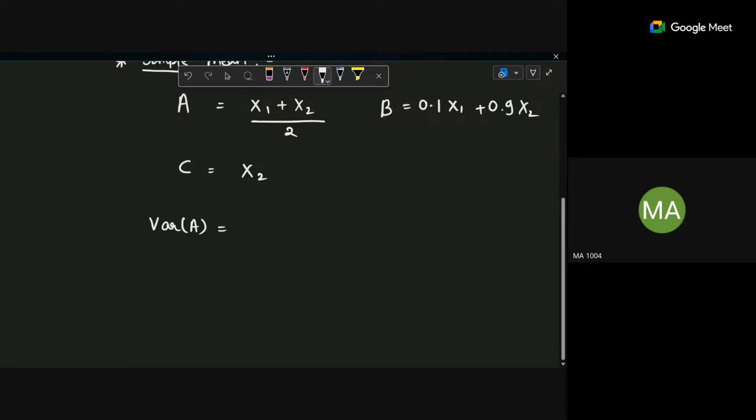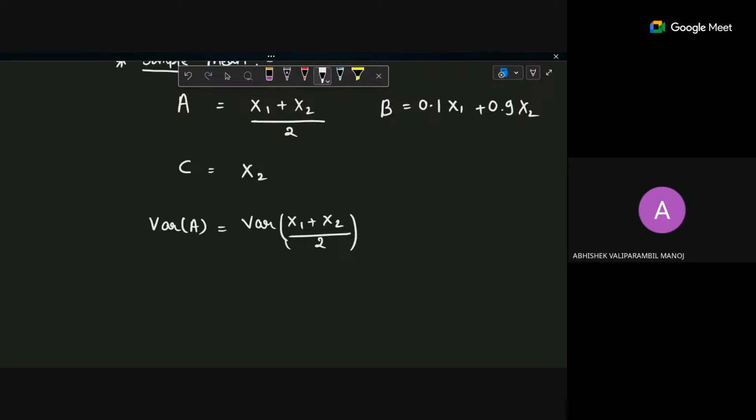So how will you try it? One by two the square, variance of x1 plus variance of x2, as they are independent.